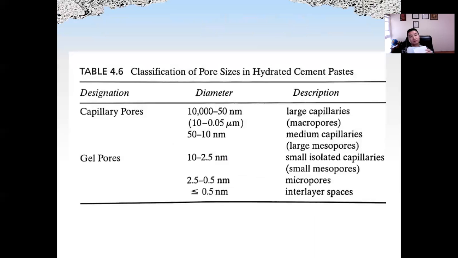This table, again from our textbook, summarizes the different types of voids or pores depending on size. You may ask why we care so much about the size of the pores. Anyway, they are empty space, but they affect performance, especially the shrinkage of concrete, significantly.